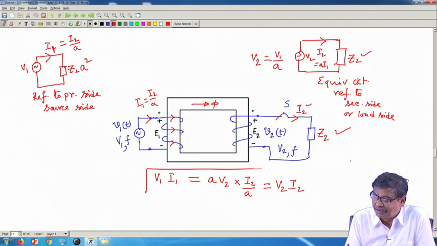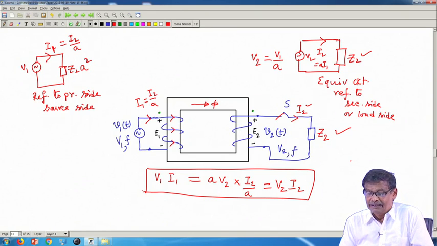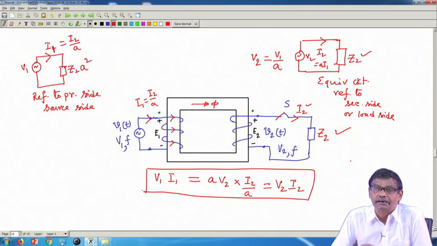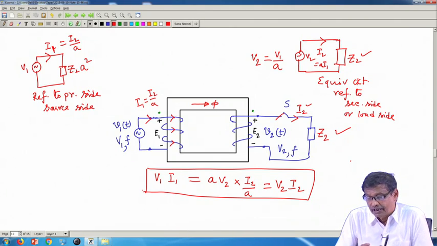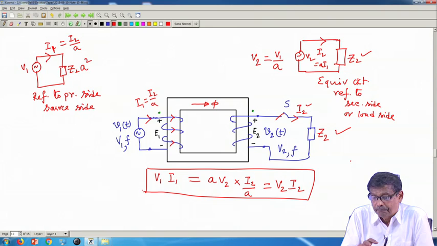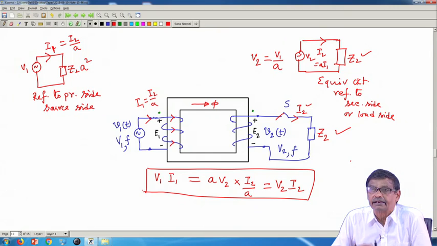This is a very interesting result. Therefore, the volt ampere, that is kVA, the product of voltage and current on the primary side is the same as the product of volt ampere on the secondary side.